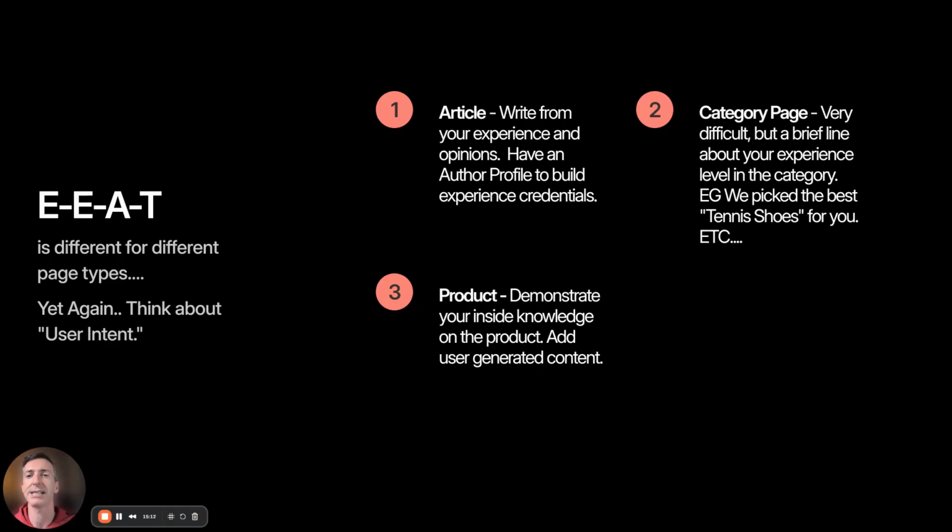And that kind of gets that little EEAT algorithm solved with our experience in there. We've added our opinion. So something like that is going to steer the algorithm that there's a real user behind this and it's not just AI generated content. Somebody real has actually handpicked these products for you.